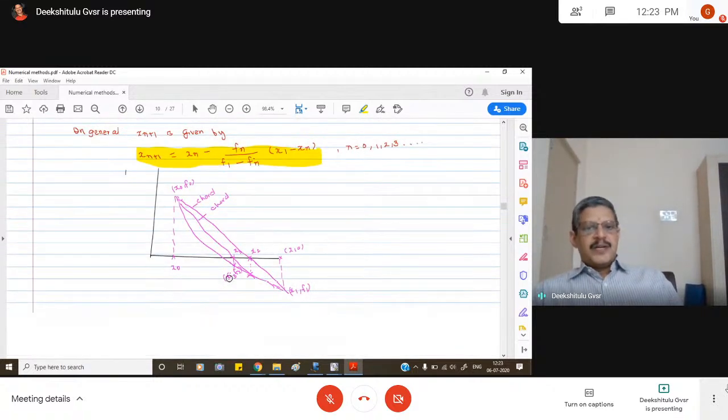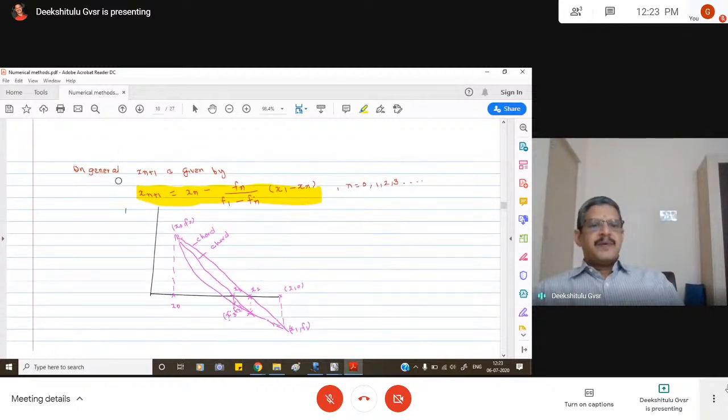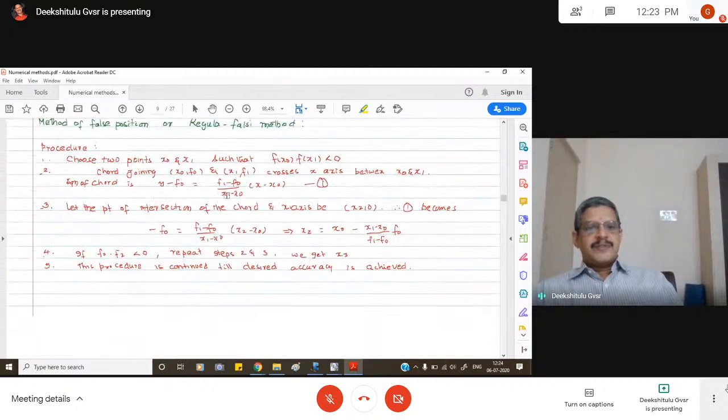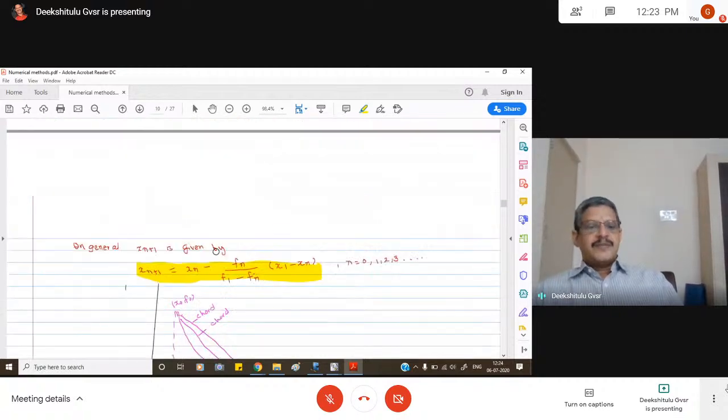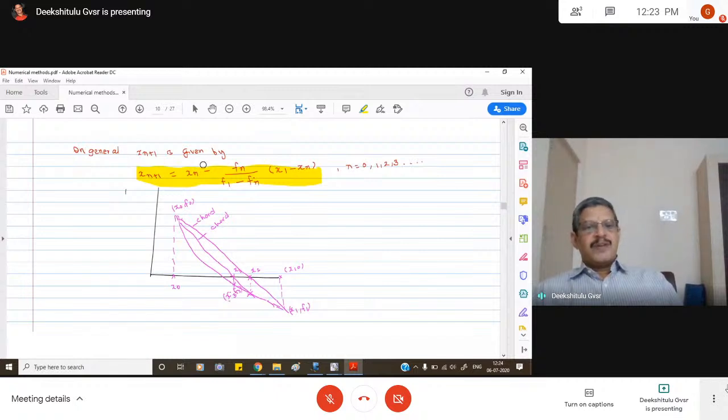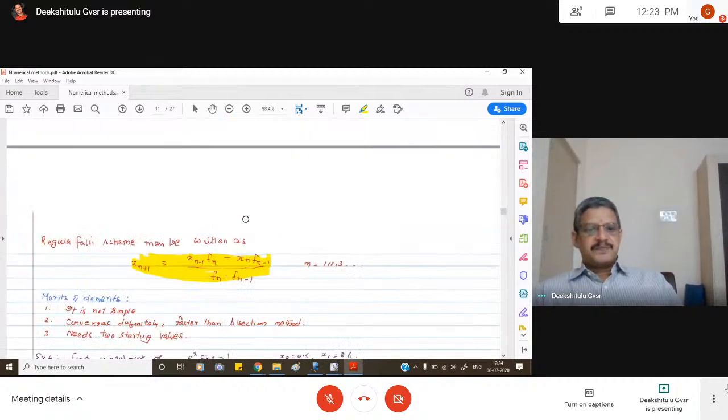This is the geometry of it, and at each and every step you go on finding the new point using the chord and the point of intersection of the chord and the x-axis. The generalization of x2 equal to x0 minus (x1 minus x0) by (f1 minus f0) into f0 is x(n+1) equal to xn minus (xn minus x(n-1)) by (fn minus f(n-1)) into fn.